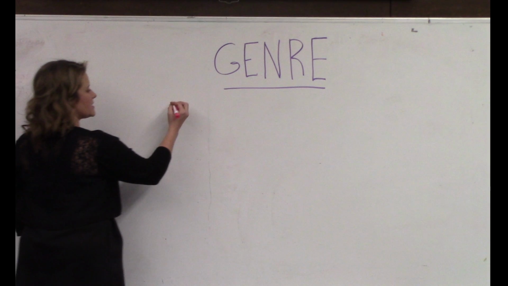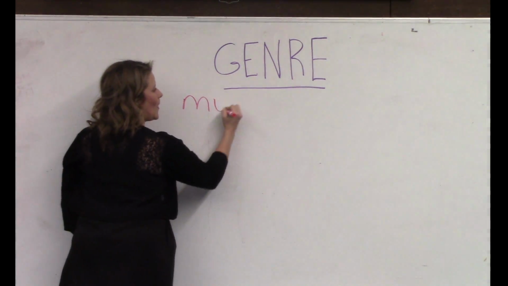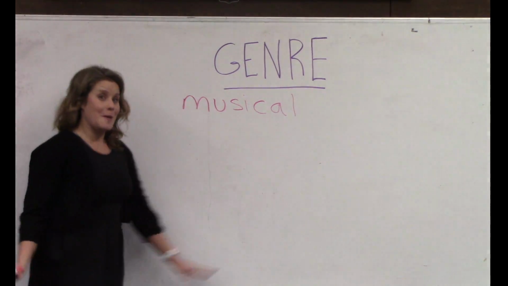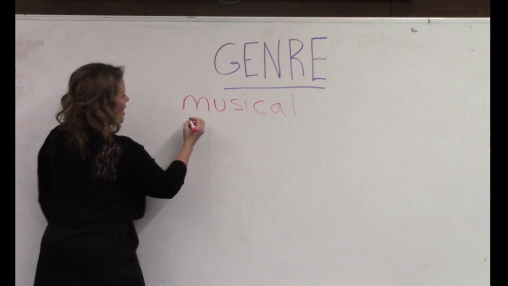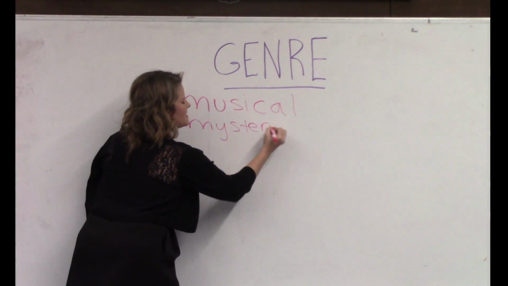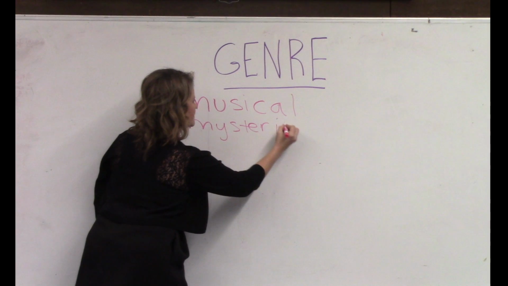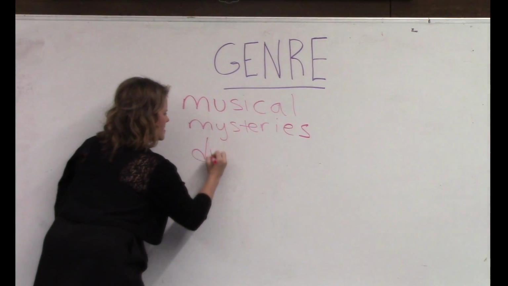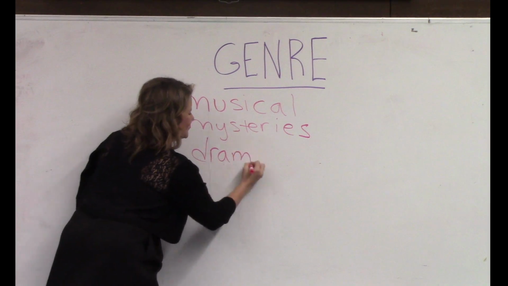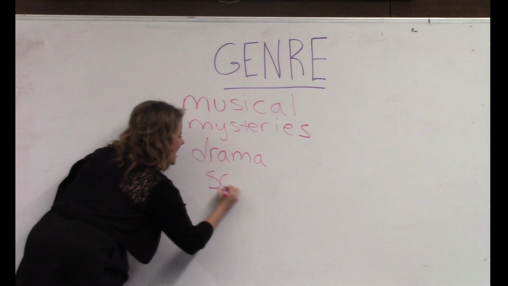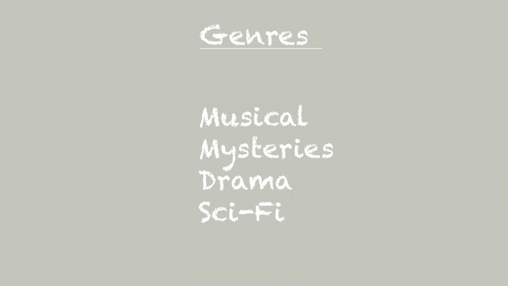So of course there is the musical, and if you're doing a musical, you'd want to include musical numbers. Maybe there are mysteries that are mysterious. You can do a drama. You could do a sci-fi show, a science fiction show.